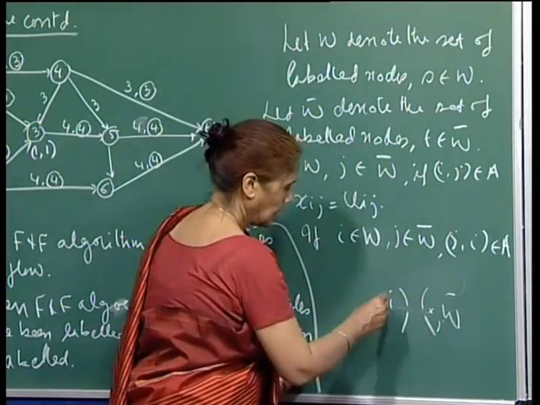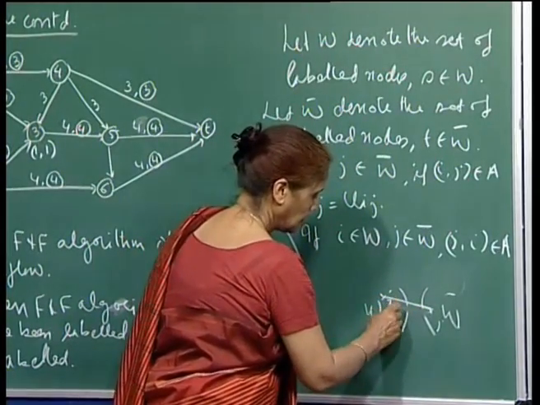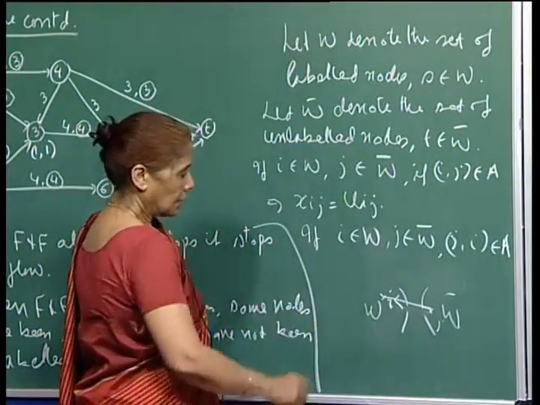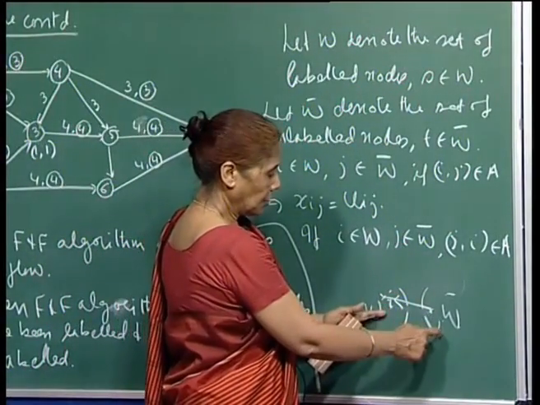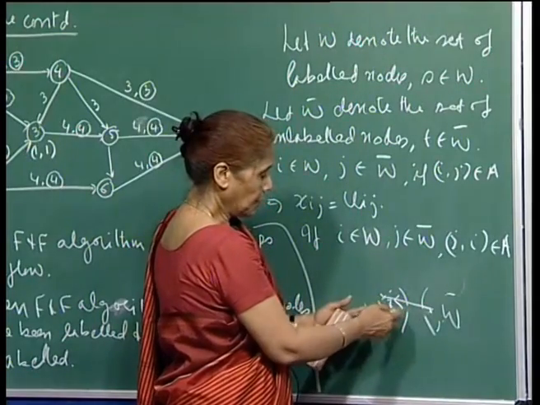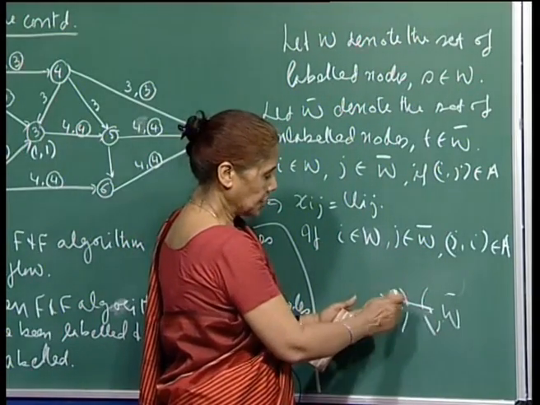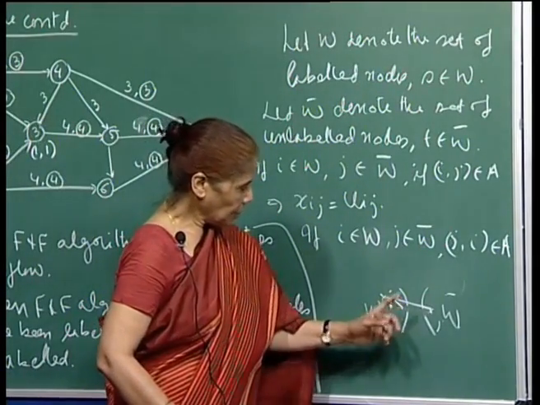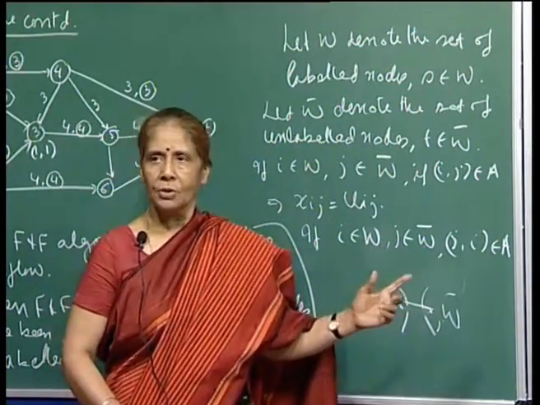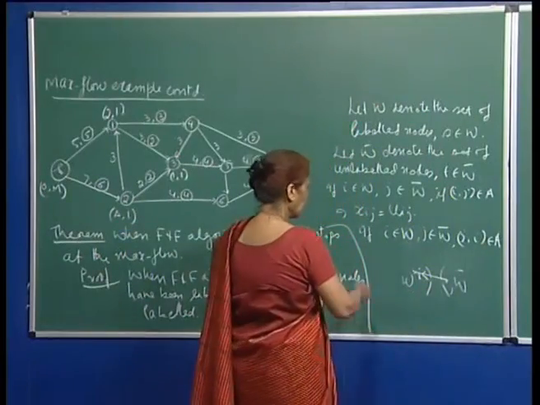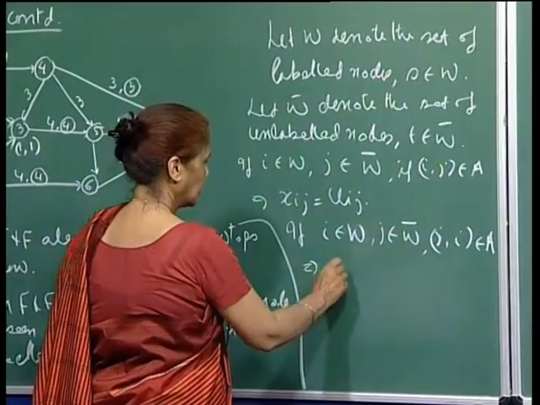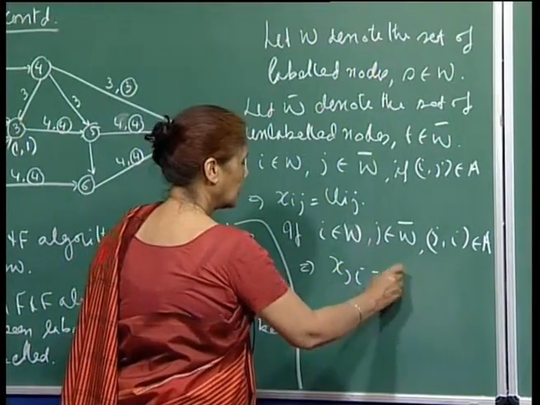Now I is labeled, and if I want to label J, there must be some positive flow on the arc Ji, Xji. But I am not able to label J, J belongs to the unlabeled set. So this implies that Xji is 0.